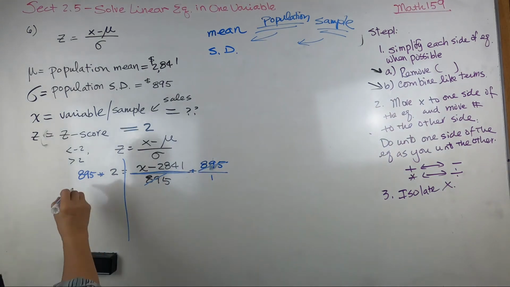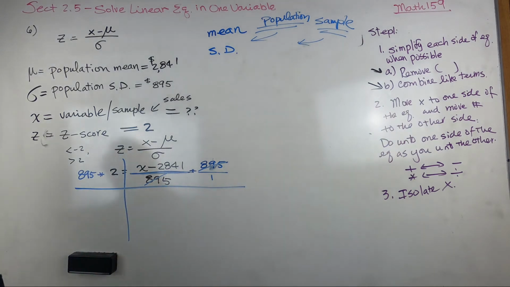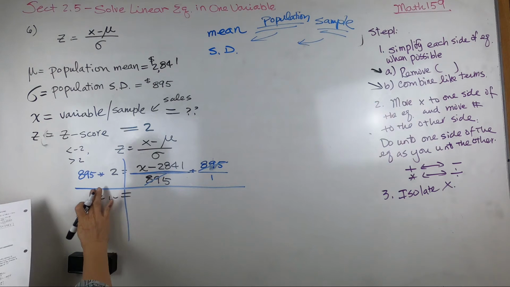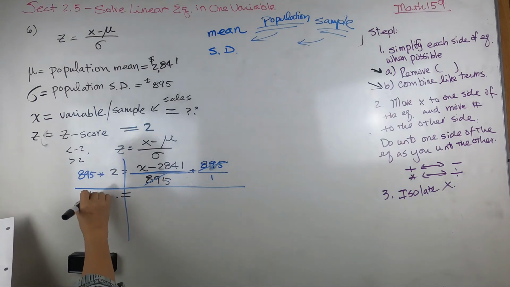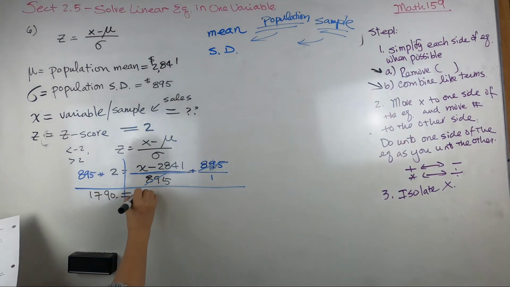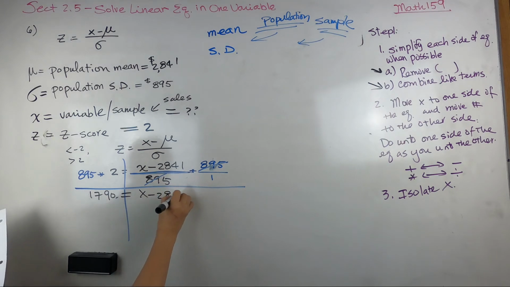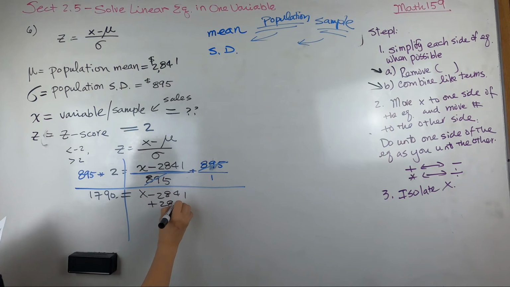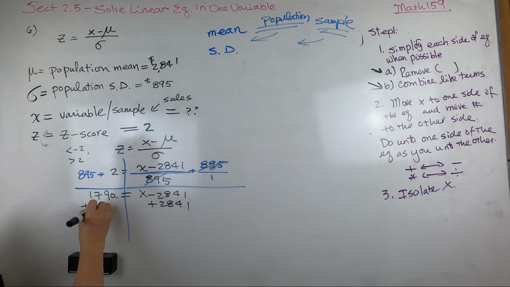Then what do we have after this? This side will be 1790, and then this is x minus 2841. Then to get rid of this minus, you do the opposite, you add. You need to practice solving linear equations a lot.